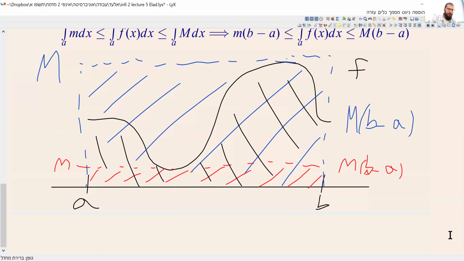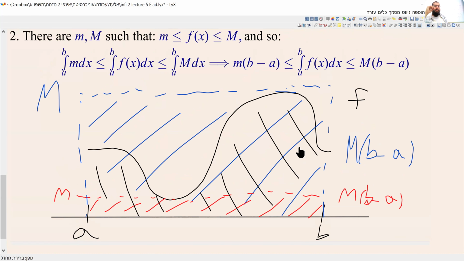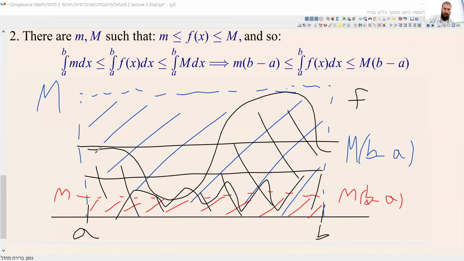Now for your probability, one can ask a fair question. If we start at little m and go up slowly, we eventually end at big M. Is there a point along the way at which the area of the rectangle is exactly the same as the area itself? We can move upwards slowly and look at this rectangle and this rectangle.